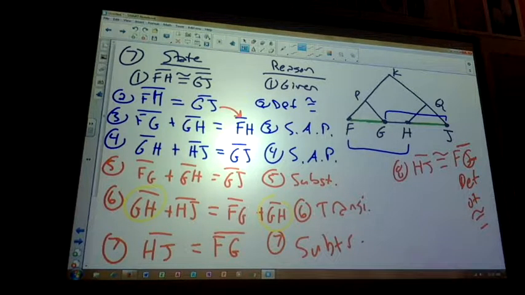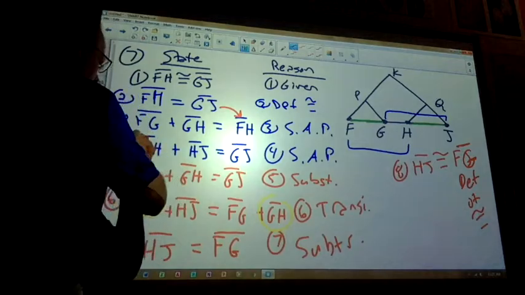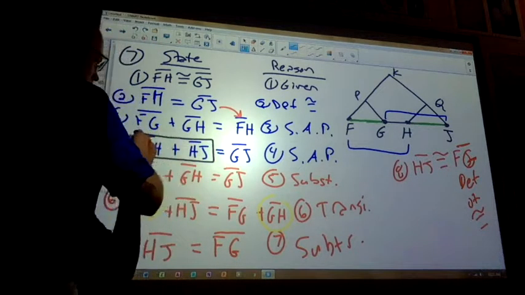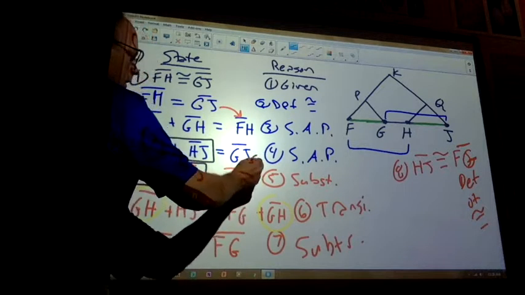How did you get from 6 the transitive? The transitive property worked because I have this entire thing and this entire thing equal to the exact same thing.